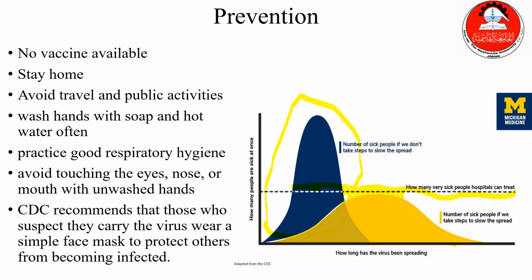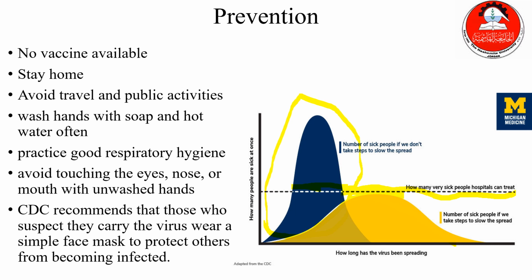So the first goal nowadays is to prevent people from getting together, prevent gatherings, prevent larger events, canceling flights, closing airports in order to flatten the curve so that the numbers of new infections decline, so that the health sector does not become overwhelmed with the number of new cases.